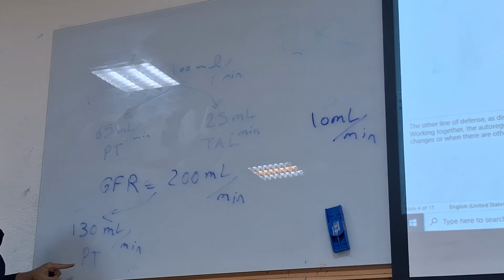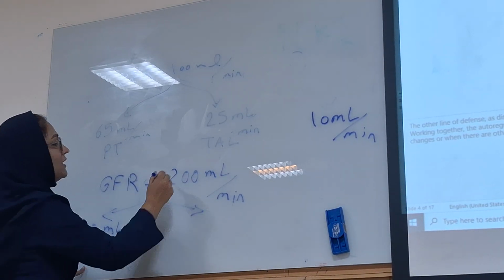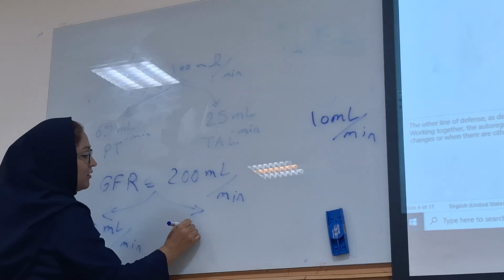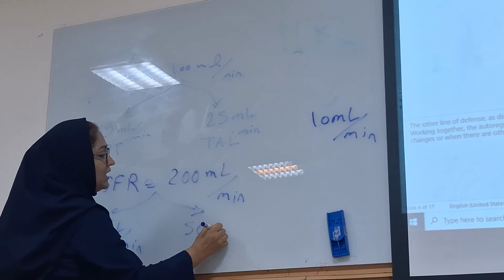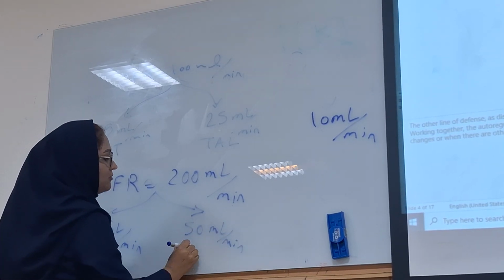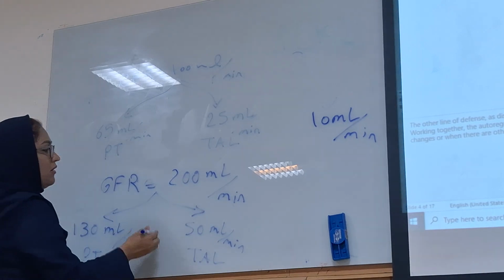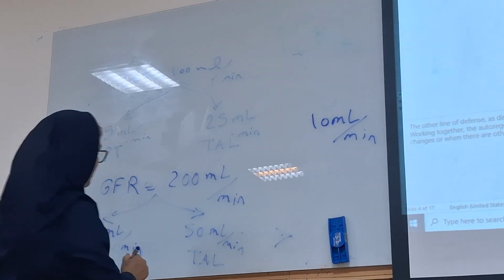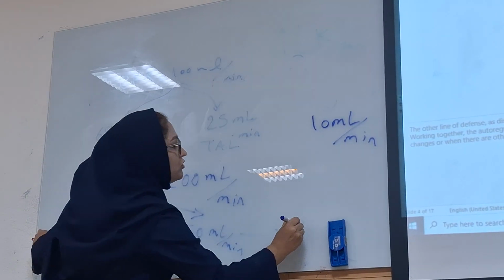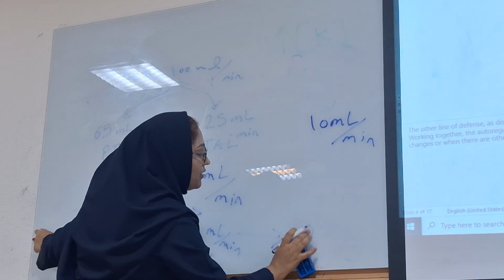Got it? 25% is 50 milliliter per minute, reabsorbed in the thick ascending limb. How much is delivered to the late portion? 20.